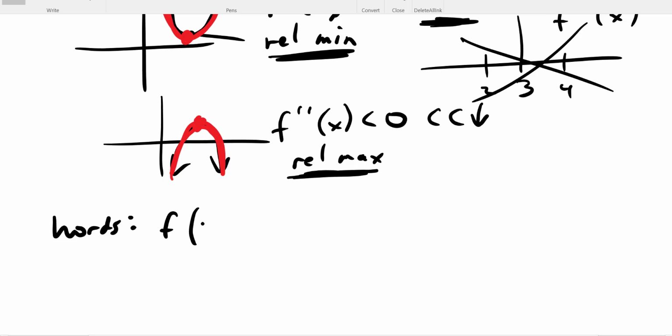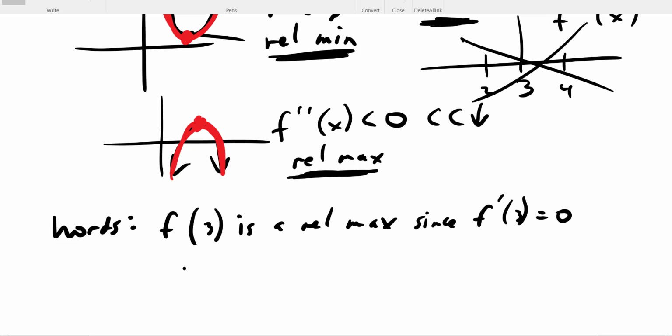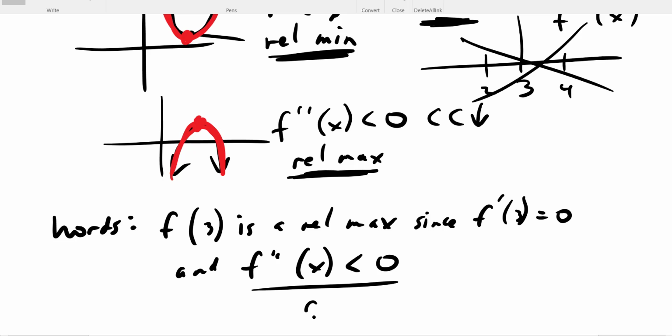So f of 3 is a relative max since f prime of 3 equals 0 and f double prime of x is less than 0. Okay, so remember, if it's less than 0, it's concave down, which makes it a maximum point. So really those are the words you're going to use.